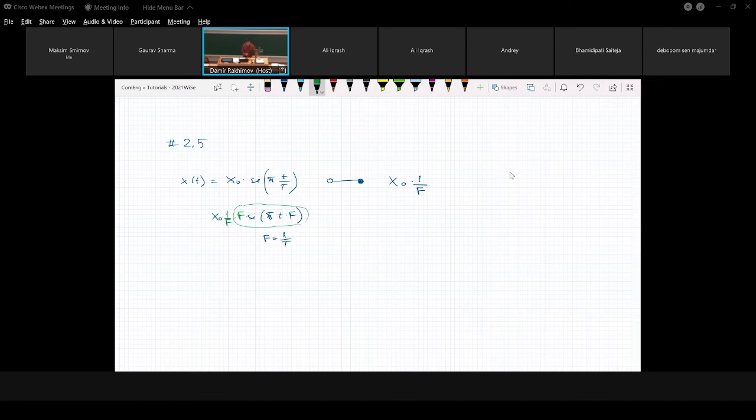Now you can just rewrite it as a rectangular shape function in frequency domain, and we specify that in the frequency domain we don't have any shift. And what's the duration of this rectangular pulse?